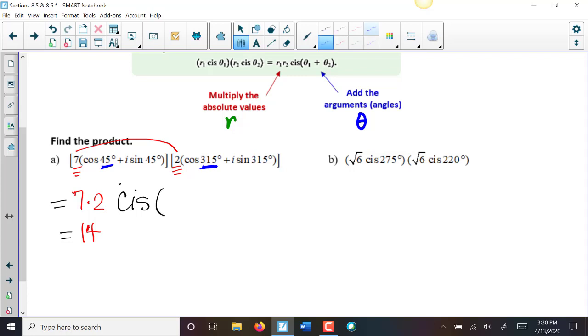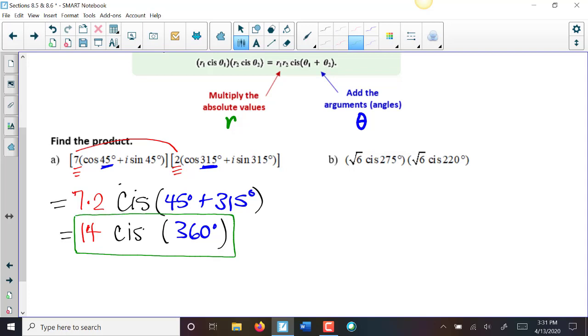So I'm just going to add those, 45 plus 315, and that will give you the trig form of the product of those two complex numbers. So it's going to be CIS, and my new argument is going to be 315 plus 45, which is 360. Okay, now this is fine, totally acceptable.